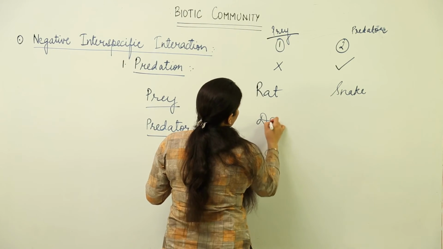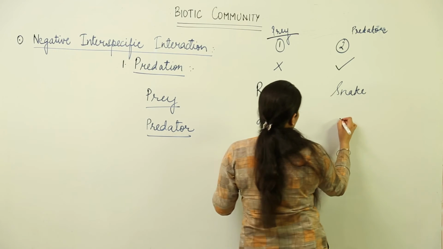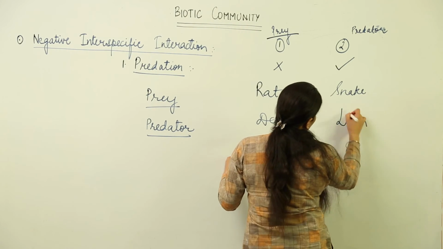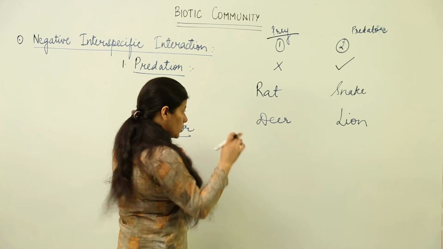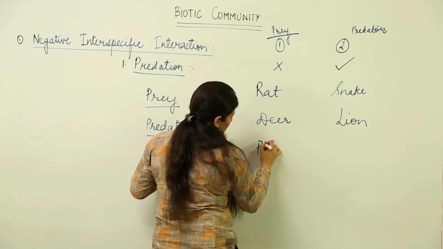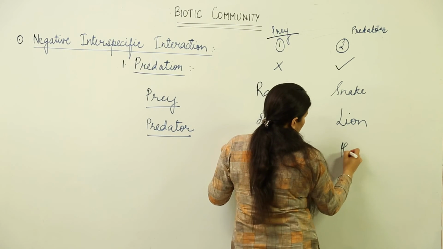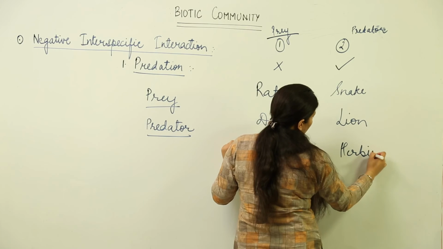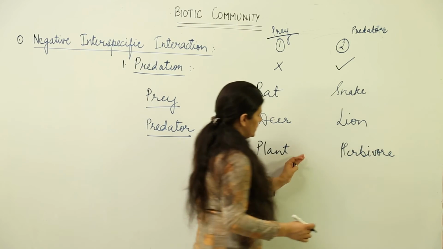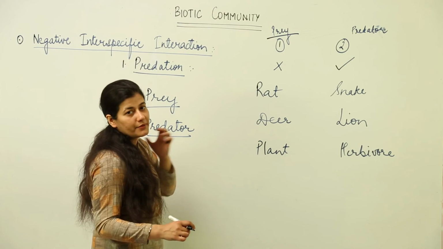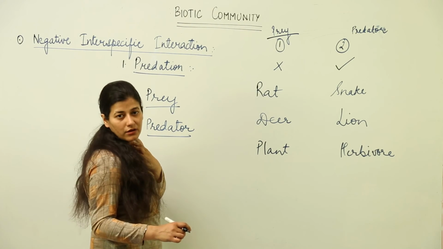Let the deer be the prey and the predator would be a lion or tiger or any wild cat. Also, in the case of herbivores which eat plants, they are also in a way wiping out the organism and its reproductive ability. So, this also happens to be a prey and predator relationship.